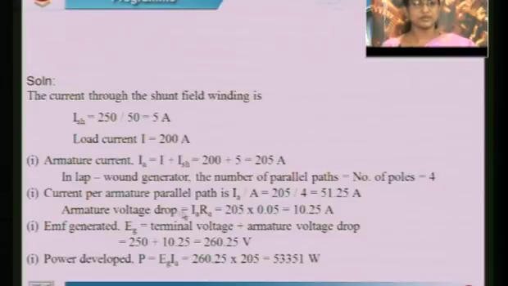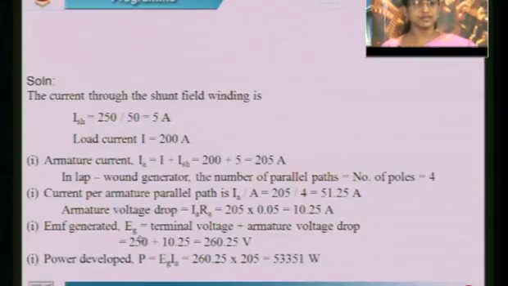Then the armature voltage drop you can calculate, since you know the value of Ia and the value of Ra. Then we know the equation for EMF generated in terms of terminal voltage and armature voltage drop. Calculate it using the terminal voltage and the armature voltage drop. The value you get is 260.25 volts. Then you have to calculate the power developed, P is equal to Eg into Ia.